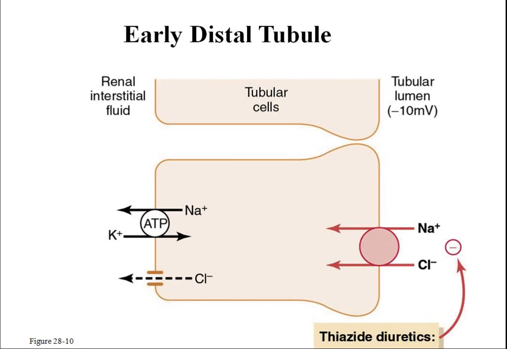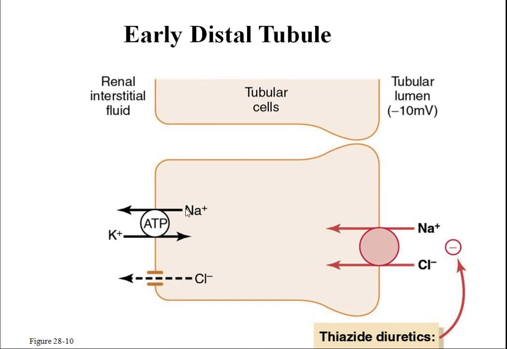Coming to distal convoluted tubule, we will study it in 2 portions, early portion of DCT and later portion of DCT. So right here is early DCT, early portion of the distal convoluted tubule. In the early portion of the DCT, we have an important channel, that is sodium and chloride co-transporter, which carries sodium, and along with it carries chloride into the cells from the lumen.